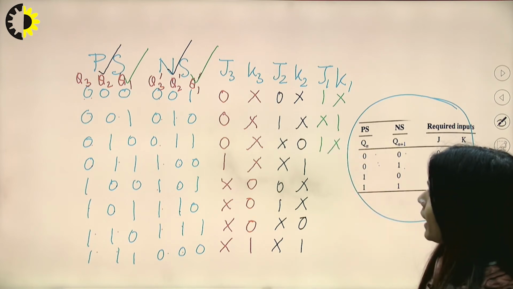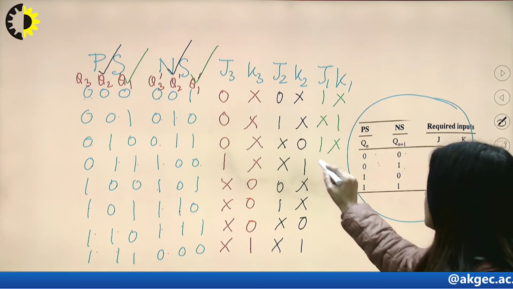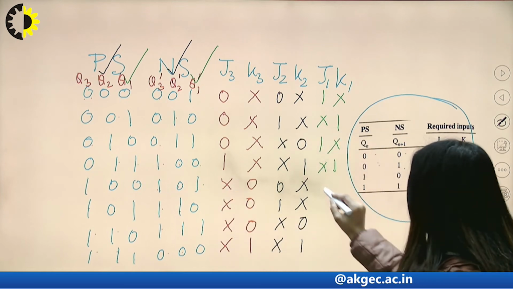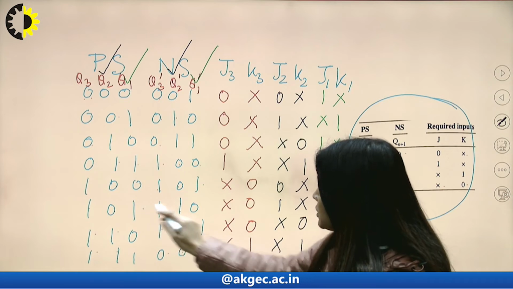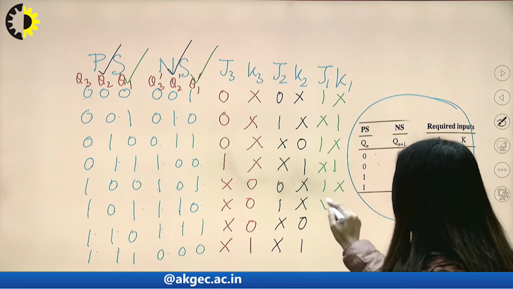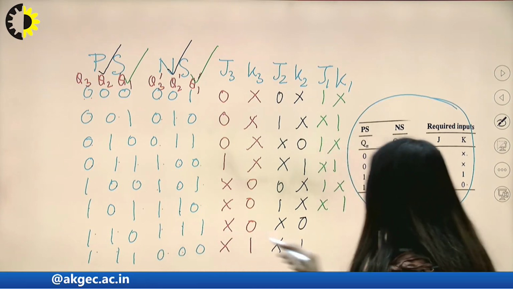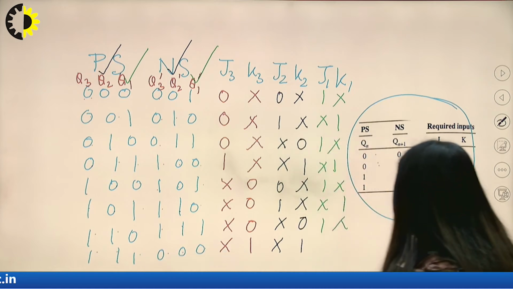And then for this one, check 1 0 1 0, it is cross 1. For 0 1, it is 1 cross. For 1 0, it is cross 1 again, and for 0 1, it is 1 cross, and for 1 0, it is cross 1.